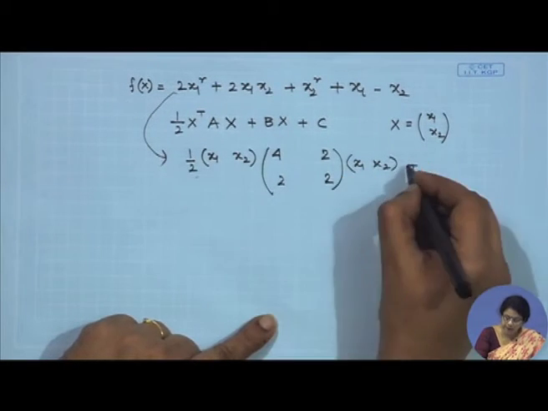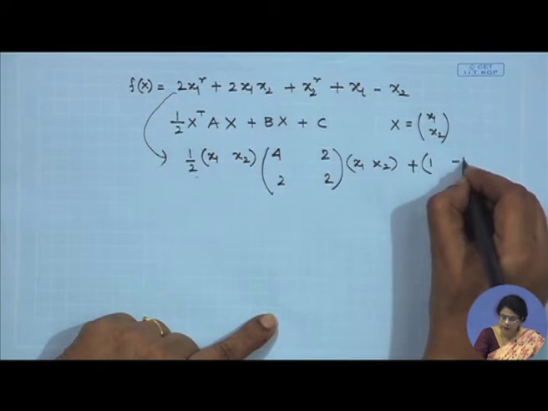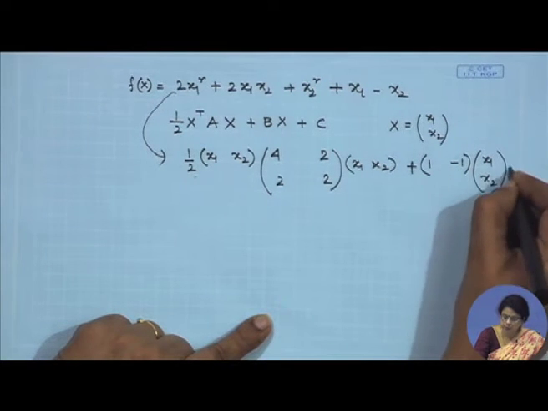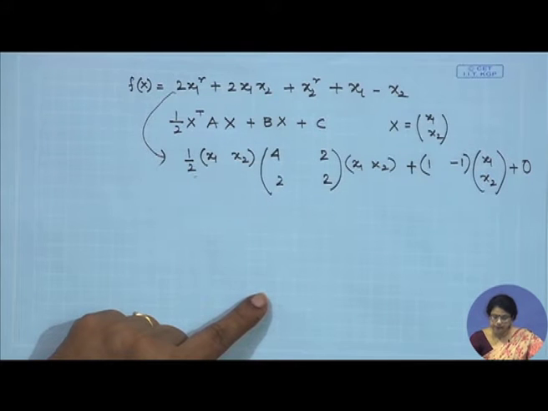Okay, and B matrix would be 1 minus 1, x1 x2 plus 0. All right.